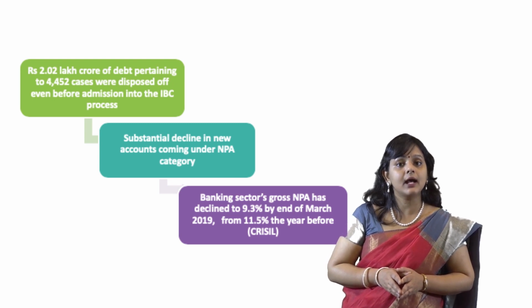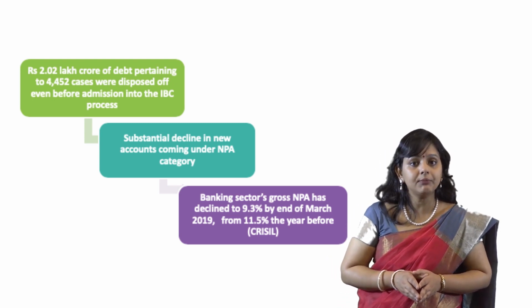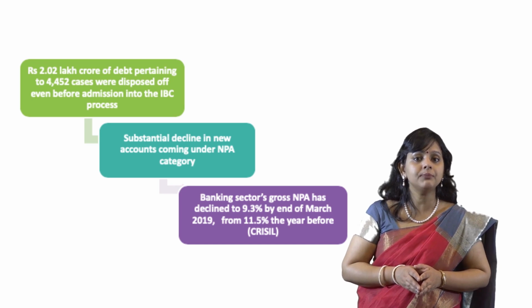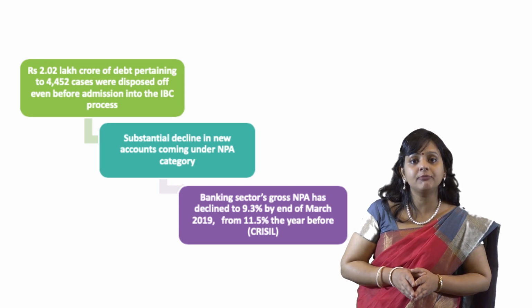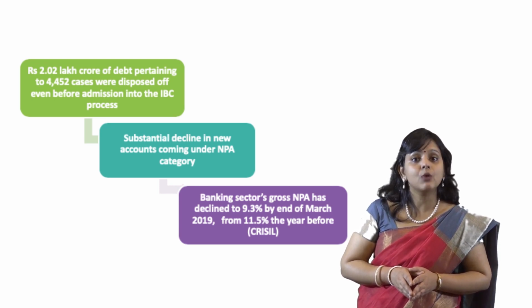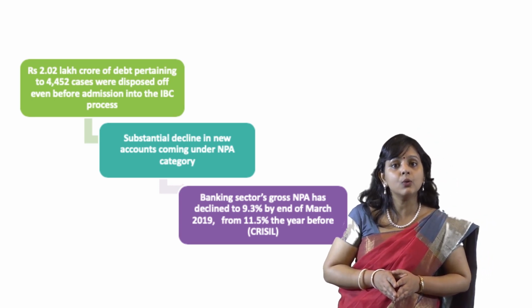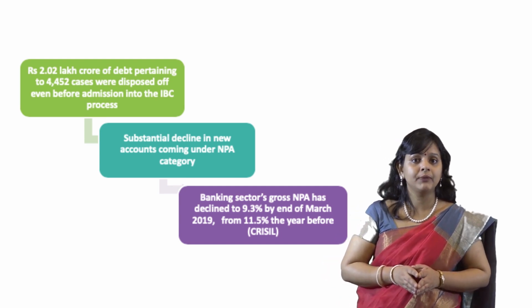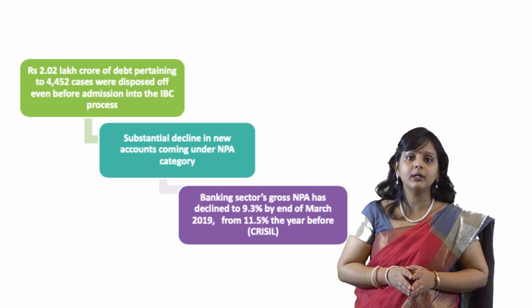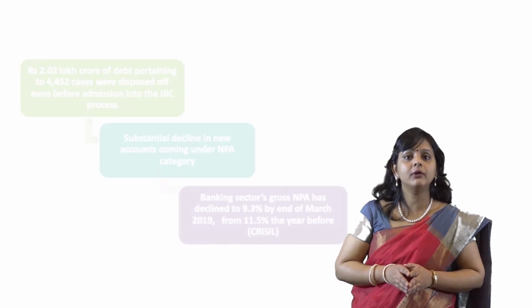CRISIL estimates that the banking sector's gross NPA has declined to 9.3% by the end of March 2019 from 11.5% the year before. It is also estimated that this will further go down to reach the 8% level by March 2020. That shows a definite improvement in the lending and borrowing behavior in the country, driven by slower accretions to NPA loans and faster recoveries from the existing NPAs.